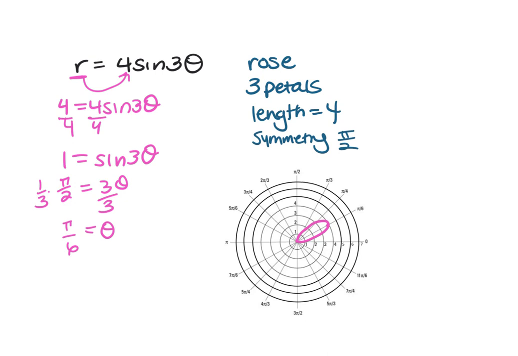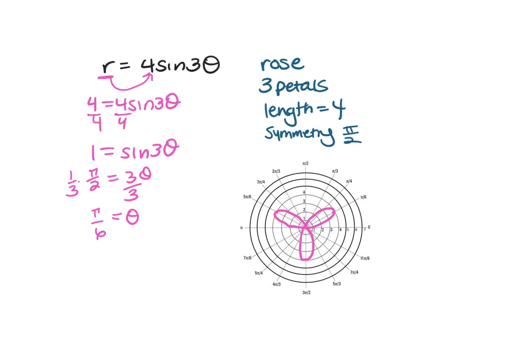5 pi over 6, so this would be 4. And then where do we think our third petal is going to look if it's symmetric to the y-axis? On the bottom. How could we make sure that this was our third petal? We could plug in 3 pi over 2.